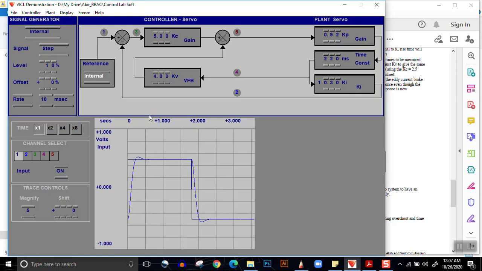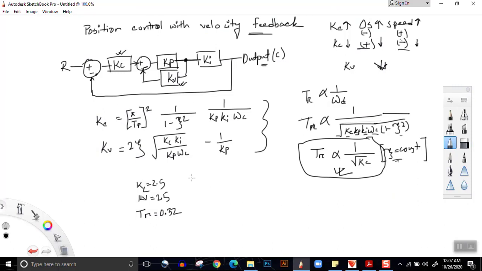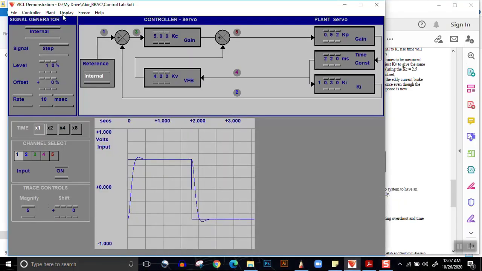So if I remember it correct, the overshoot kind of looked like this in that case also. So our Kv here is 4. So we go on to our second set of data. Kc is 5, Kv is 4, and our rise time would be, let's freeze it.